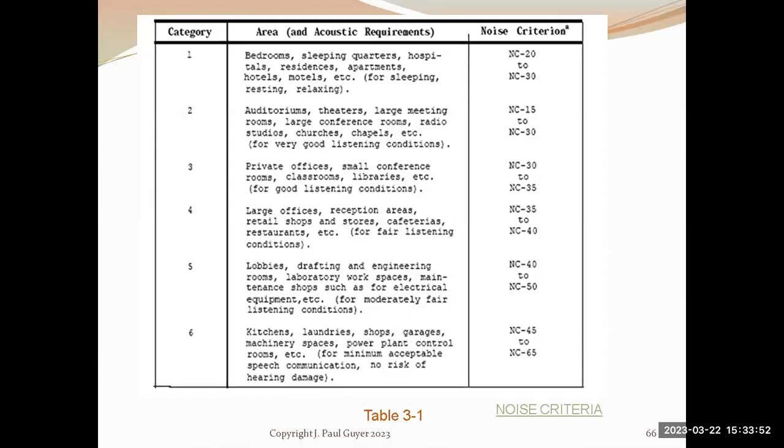And this then tells you what you want the noise environment to be in your receiving room. It's dependent on the human activity that's going on there.